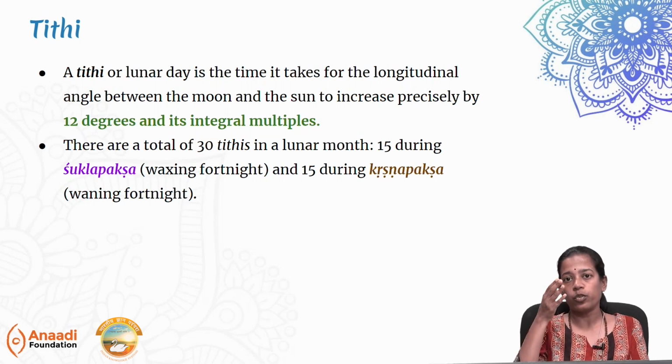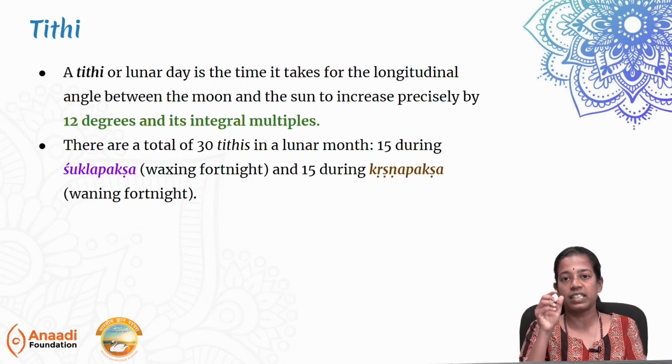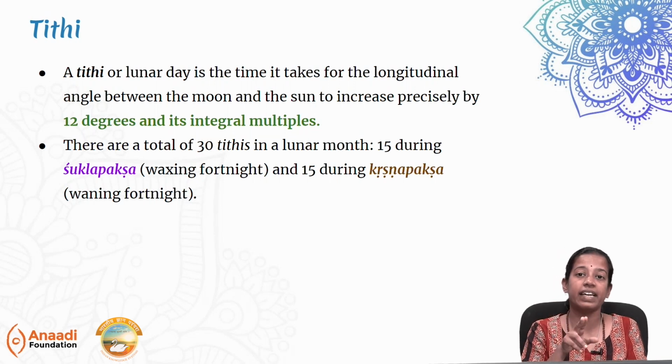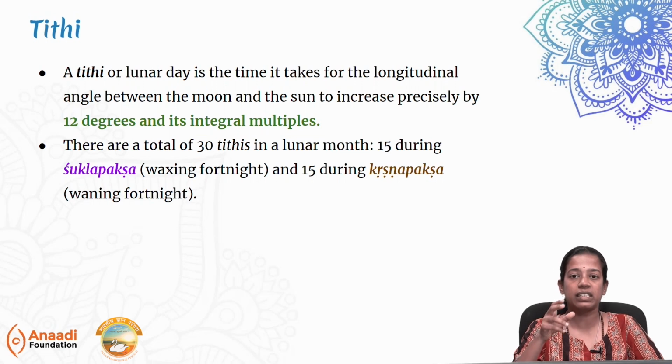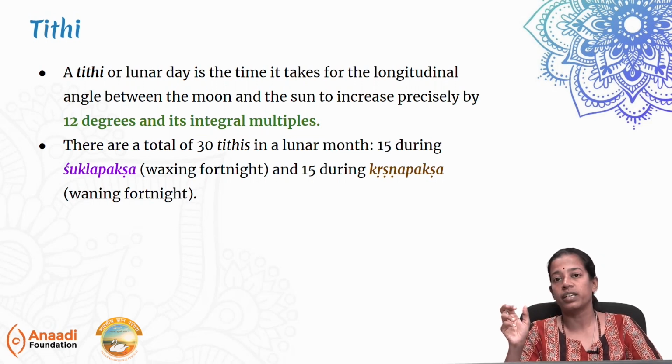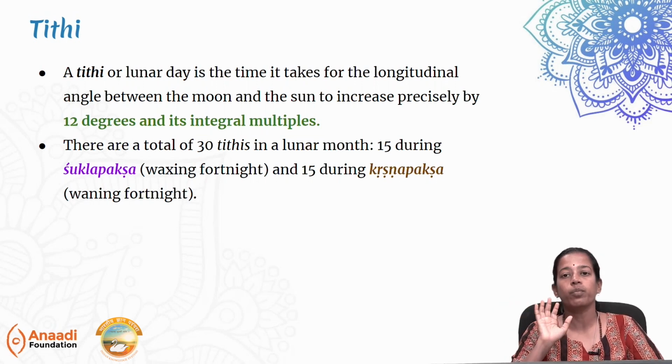So, we will try to find where exactly in the bar chakra, in the 360 degree position, sun is placed. That is considered to be the longitudinal angle of the sun or longitude of the sun. Similarly, where exactly is the moon placed with respect to the ecliptic or the bar chakra? That is considered as the longitude of the moon.